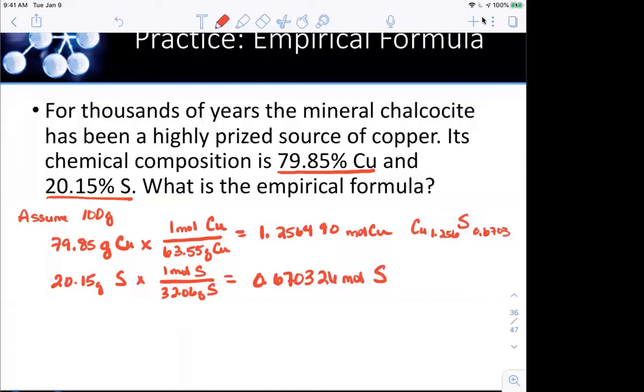But what I want to do first is divide through by the lowest to see if I can get this into integer values.